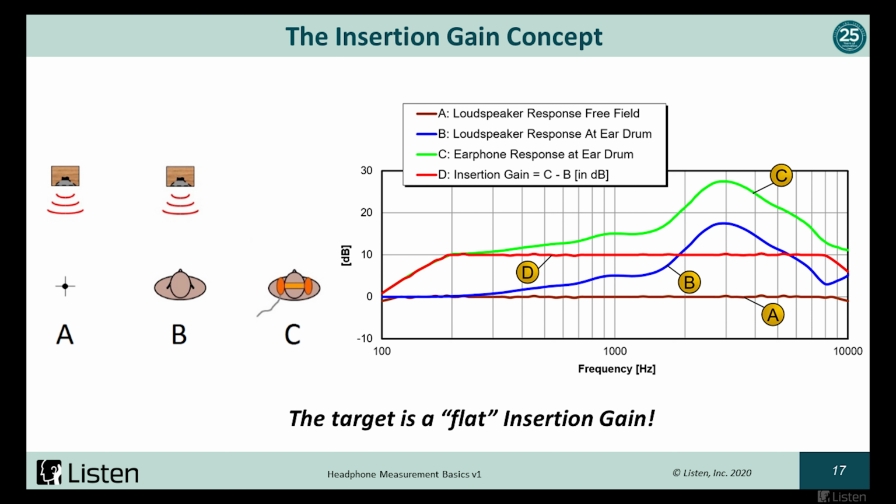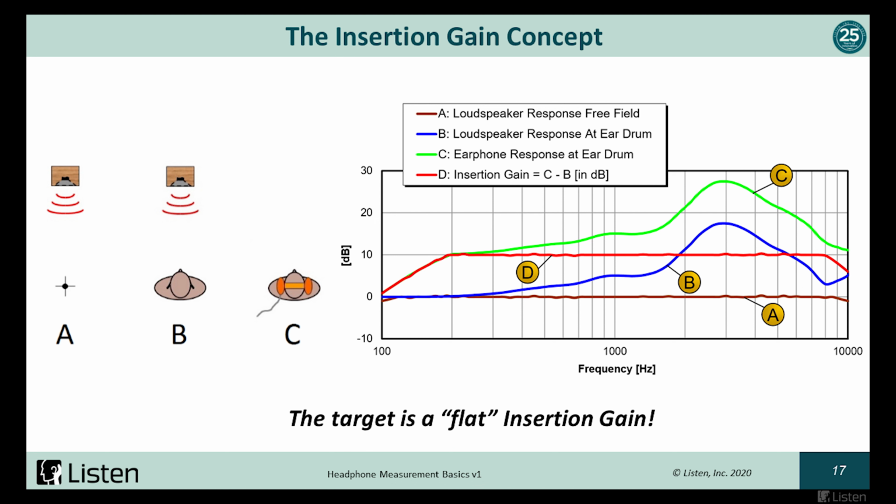If you look at response B on the graph, you'll start to see at the higher frequencies a bump due to shoulder reflections. And you also see the ear canal resonance at typically 2 to 4 kilohertz, which is just inherent in all human hearing.